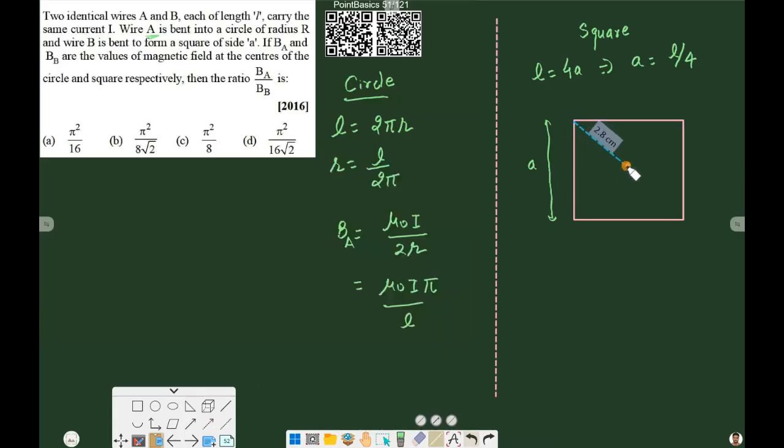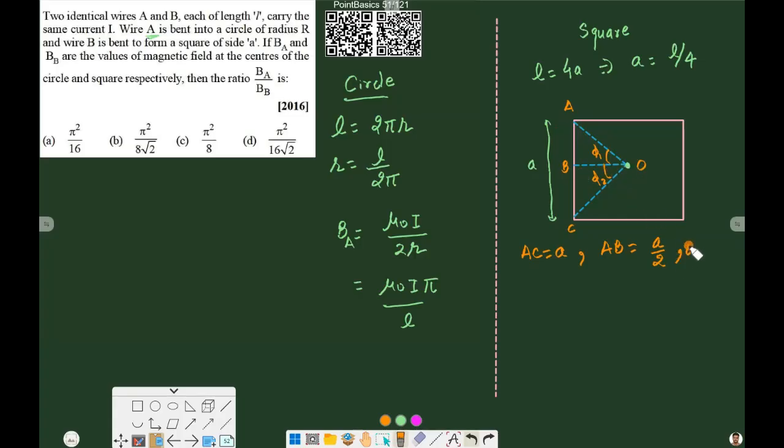So suppose this is the first one, second and third, and let's name them O, A, B, C. This will be the angle phi 1 and this will be the angle phi 2, and we know that AC is equal to side length A, so AB will be half of that, so AB will be A by 2, and OA, the value of OA we can also find, or we can say OB.